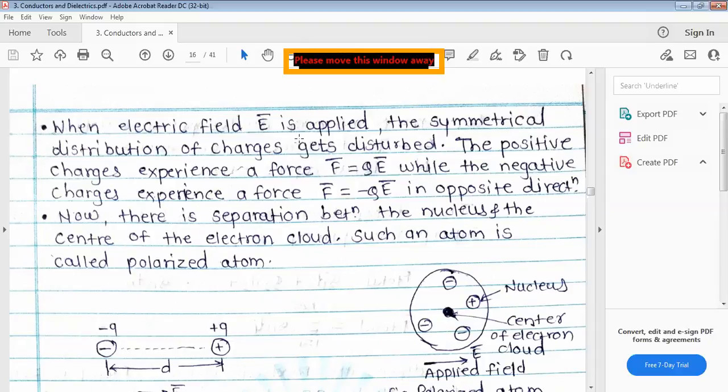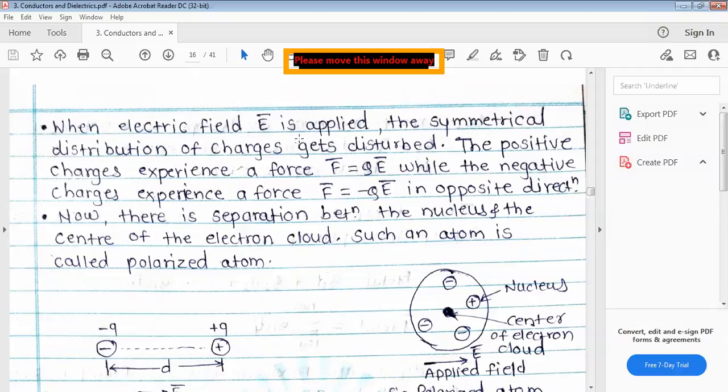When we obtained the equations for electric field intensity, and when we considered different types of charges, sheet charge, surface charge, etc., at that time we have seen this. So when we are applying that electric field, the position of the charges gets changed.